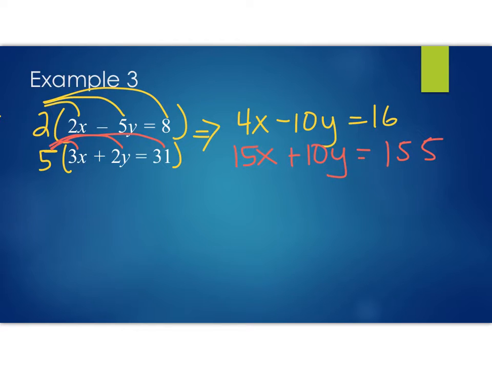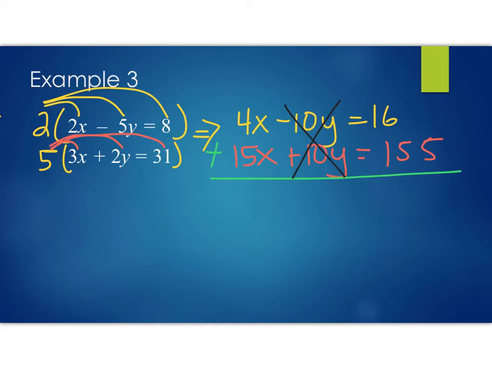If we did this correctly, then we should get one of these variables to cancel out. So let's think about this as an addition problem. And right here I notice we did this correctly because I have a negative 10y and positive 10y. When I add those guys up, that's going to equal 0. So we just got rid of one of the variables.